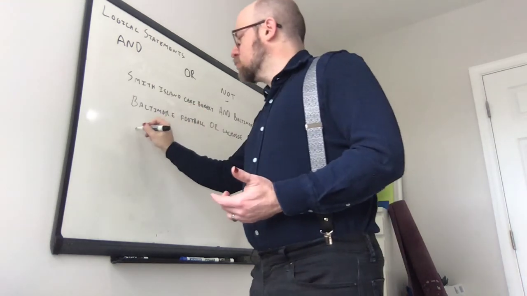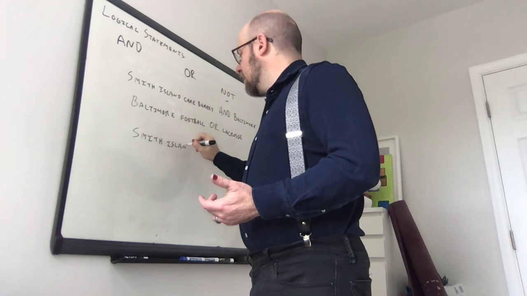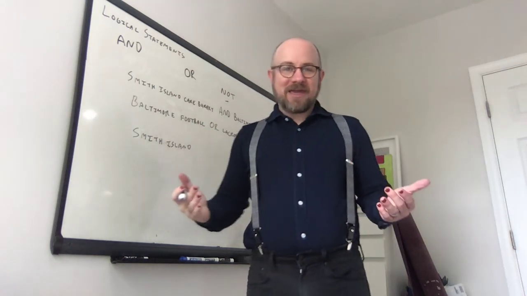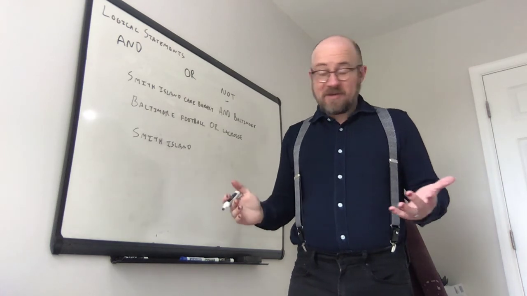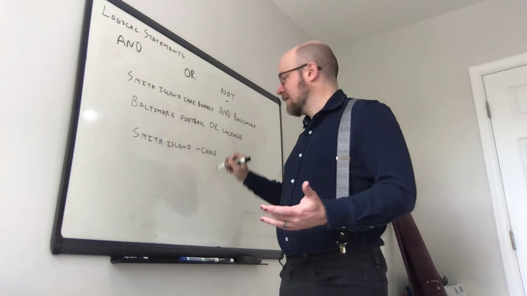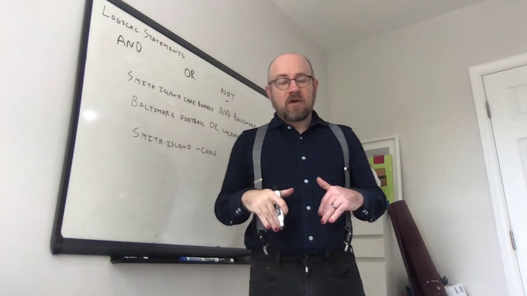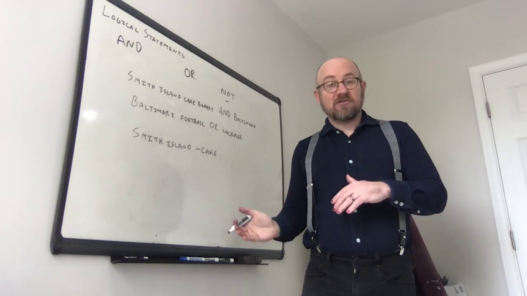And so if you just Google Smith Island, your first 20 results will be about cakes. And maybe you want to actually go to Smith Island. Maybe you don't want a Smith Island cake. If you add on there minus cake, this will give you other results for Smith Island that don't have to do with the cake.